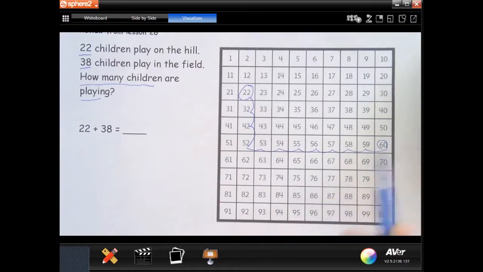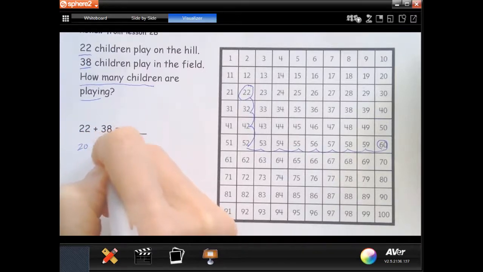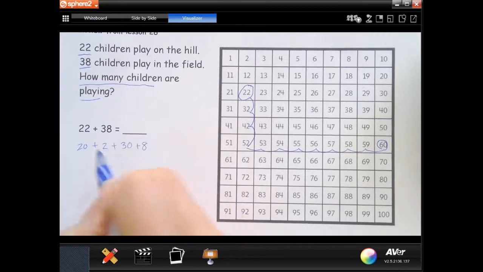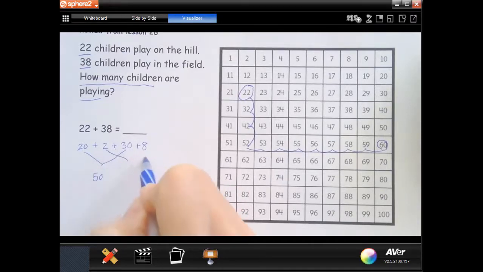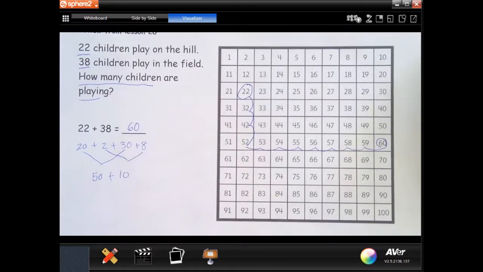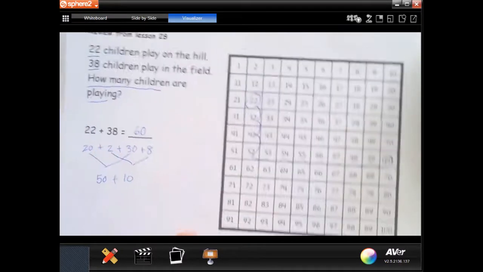I landed on 60 because 22 plus 38 means 20 plus 2 plus 30 plus 8. That's exactly what we did. 20 plus 30 equals 50, 2 plus 8 equals 10, and 50 plus 10 equals 60. That was just one example of how to add a two-digit number to another two-digit number.